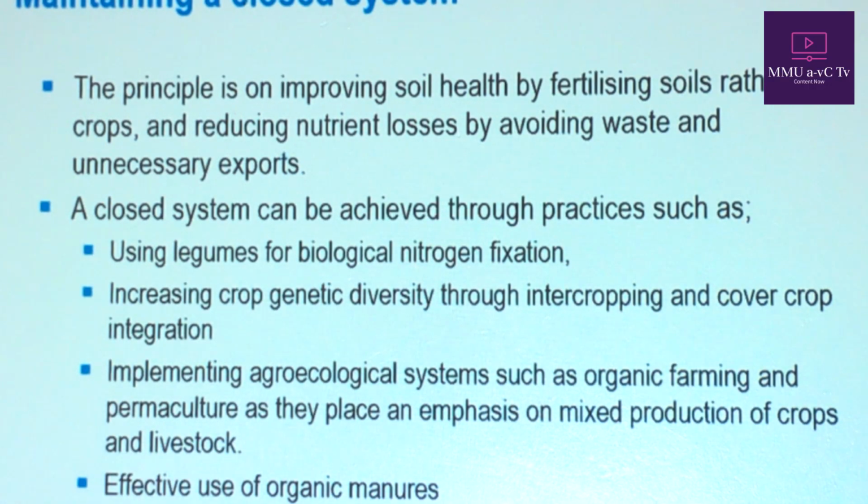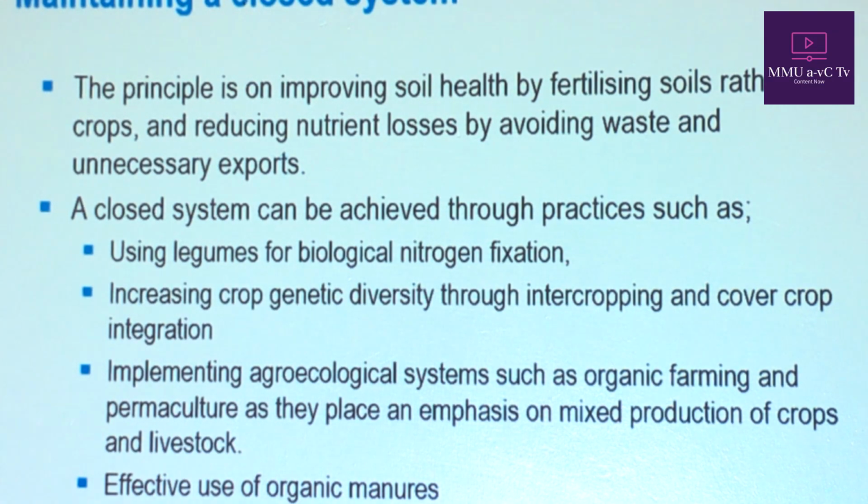So a closed system on an agroecology farm stands on the principle of improving soil health by fertilizing soils rather than crops and reducing nutrient losses by avoiding waste and unnecessary exports from the farm.